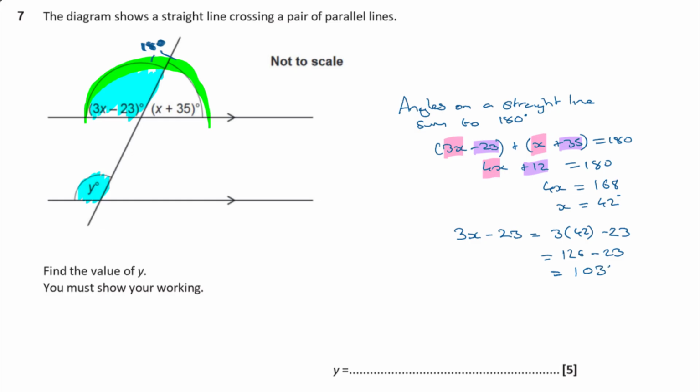So that angle there must be 103, so that must be y as well. So y must be equal to this, and the reason is that they're corresponding. I should write that down somewhere. y and 3x minus 23 are corresponding angles.